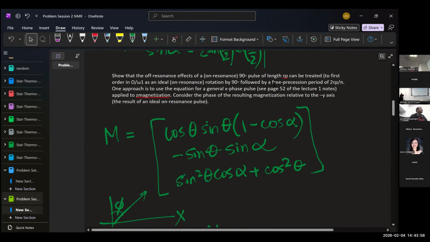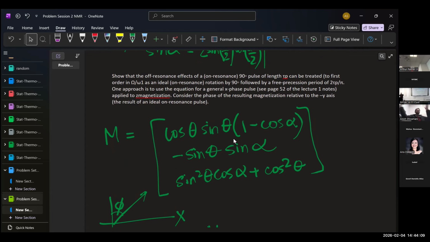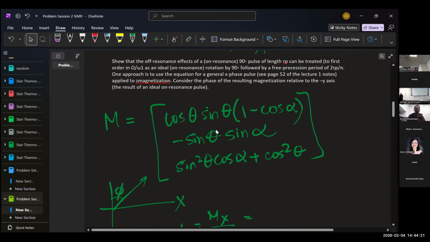The way that I like to do this problem is to just take this result, which is the full off resonance rotation matrix, and then apply it to 001, 001 being the magnetization at the start of the experiment. And this is what you get. Theta here is the angle that the effective field makes relative to Z.